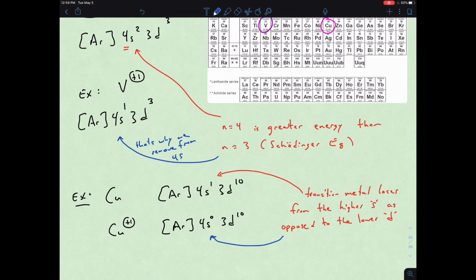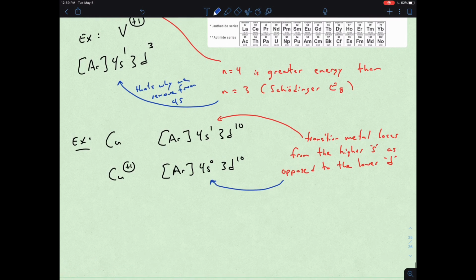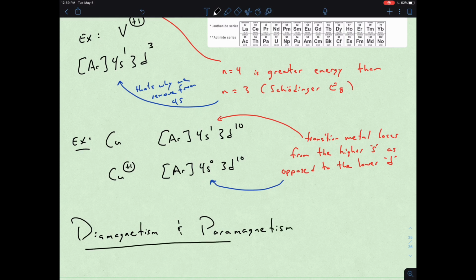This idea has actually been proven with the notion of diamagnetism and paramagnetism.